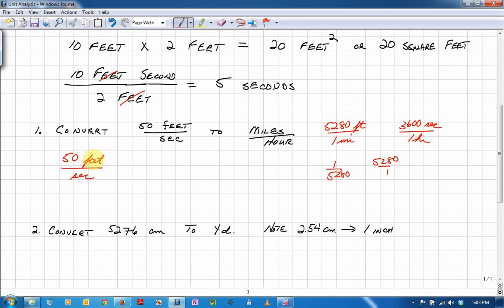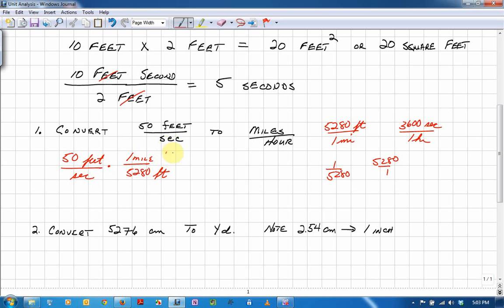We have feet as a numerator in what we're starting with, and we want miles per hour, so the feet are going to have to go away. So I'm going to put that as a denominator. So what I'll do is I'll multiply 50 feet per second times 1 mile over 5,280 feet. And so we can see that this feet in the numerator will cancel with this feet in the denominator, giving me miles in my final answer.